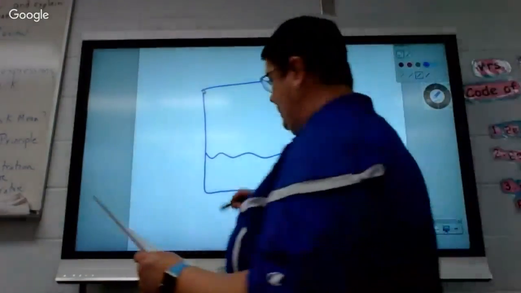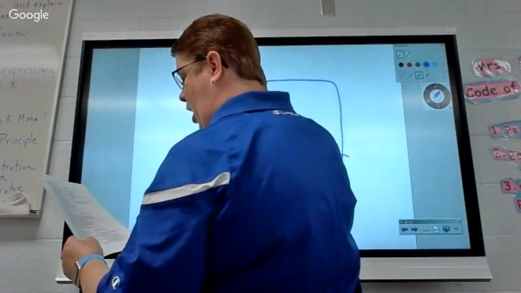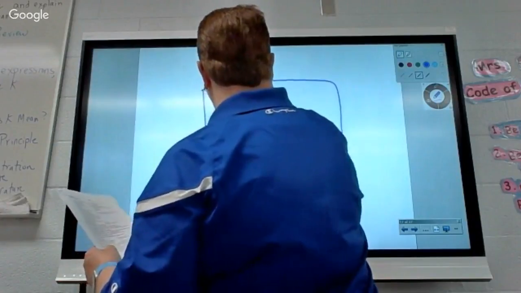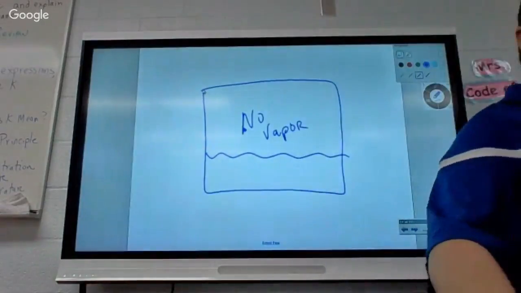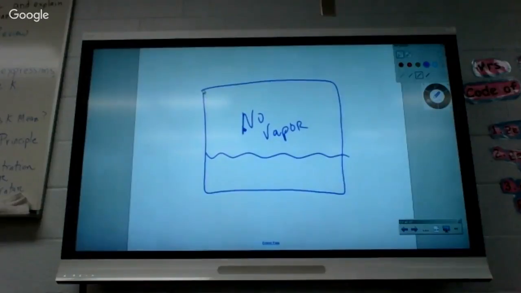We had water. It said there is no vapor above the liquid. I want you to listen to the choices, because y'all messed this up on the quiz. If the concentration of vapor above the liquid is 0, there's no vapor. I just want you to listen and tell me which answer choice is true. No condensation can occur.